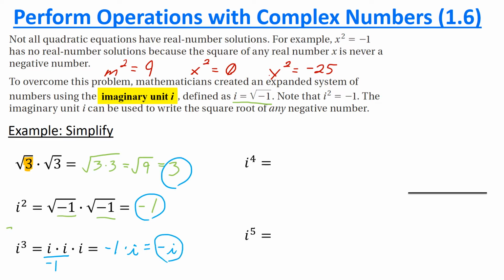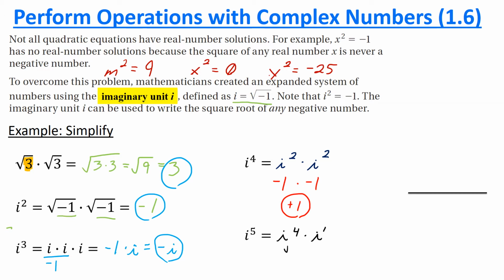Okay, what about i to the fourth power? Well, I would break that down as i squared times i squared. And i squared, we showed earlier, is negative 1 times negative 1. And that equals positive 1. And finally, i to the fifth power, we could look at it as i to the fourth power times i to the first power, or just i.